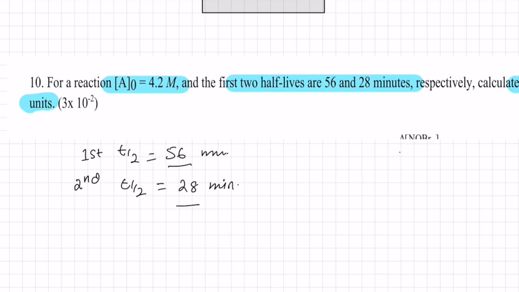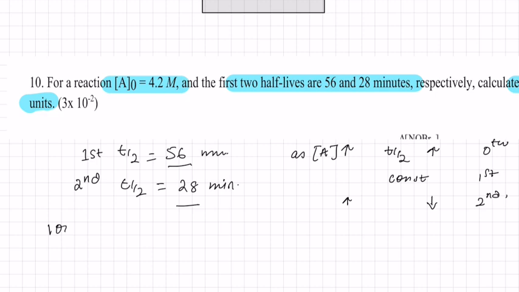But we are saying as concentration increases, half-life increases for the zeroth order reaction. As concentration increases, half-life stays constant for a first order reaction, and as concentration increases, half-life decreases for a second order reaction. So let's see what's going on here.